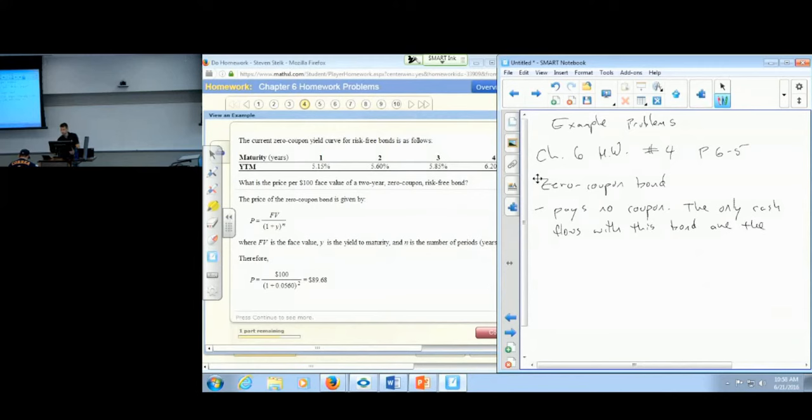The only cash flows with this bond are the purchase price, whatever you buy it for today, and then the face value returned at maturity.